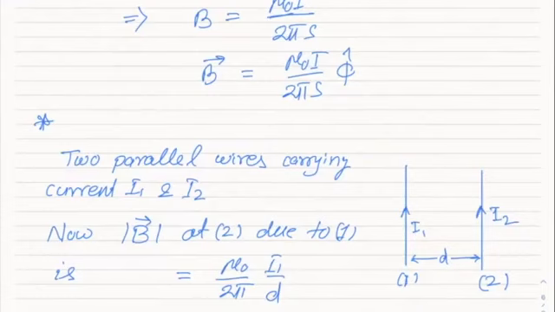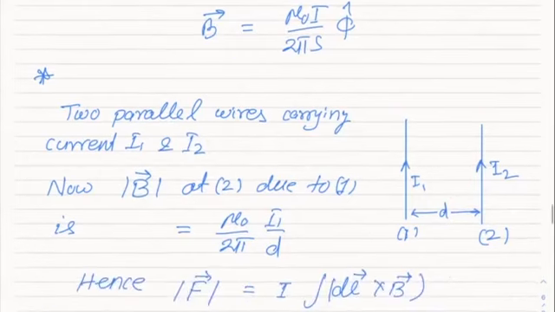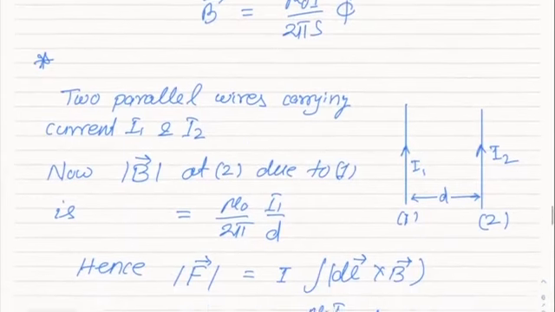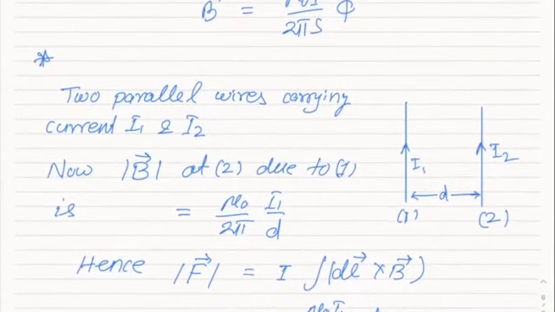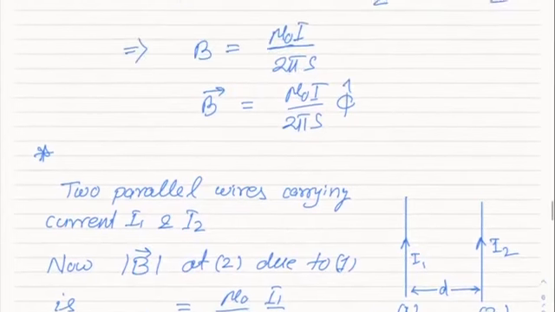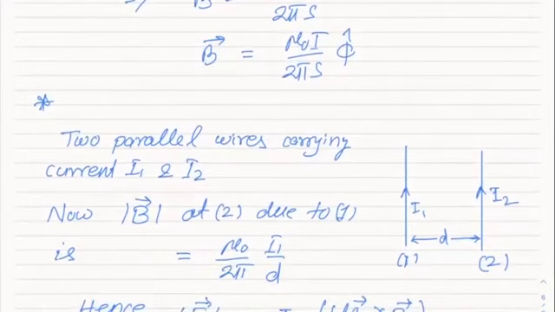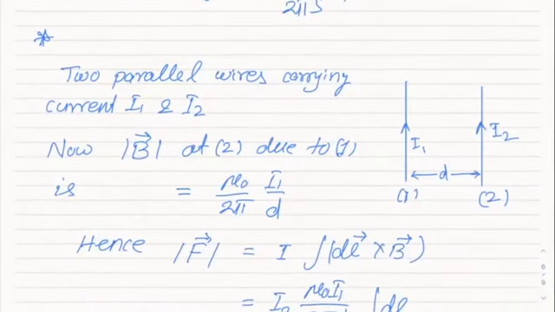You just calculated the magnetic field due to a current I. So the magnetic field at wire 2 due to 1 should be mu 0 I1 by 2 pi d. This is your mu 0 I by 2 pi s, the same expression, where instead of s you put d, and your current is I1. So this is the magnetic field at wire 2 due to I1.